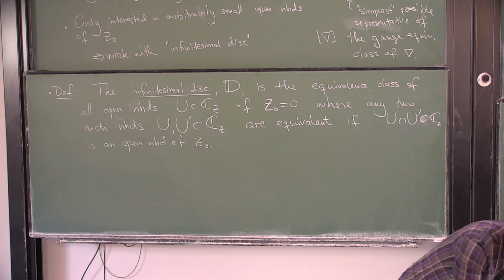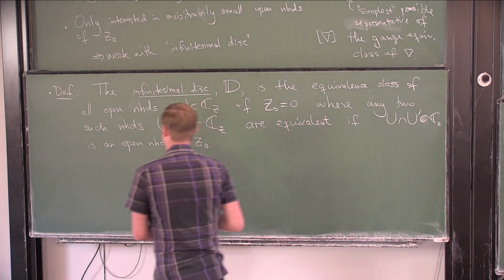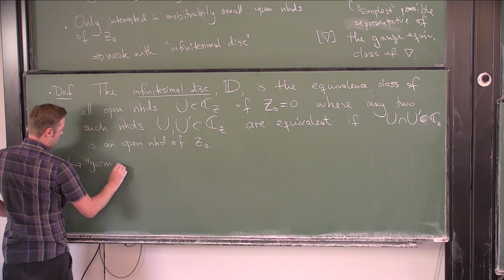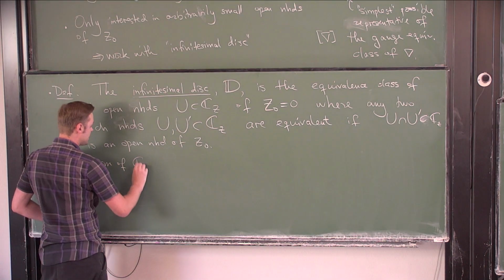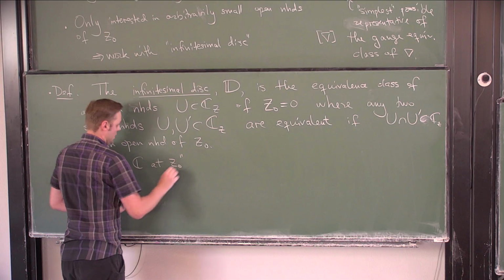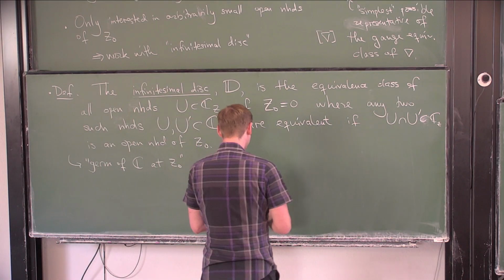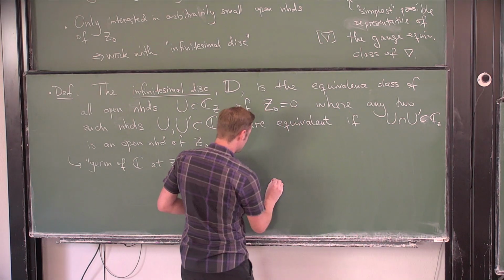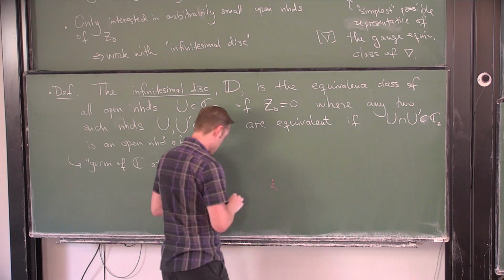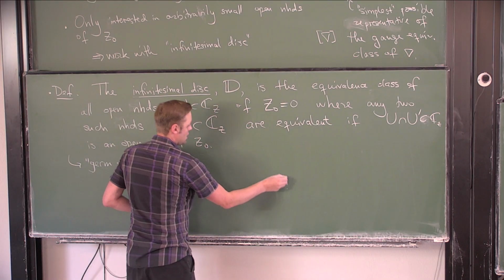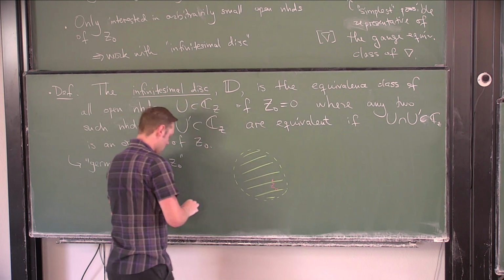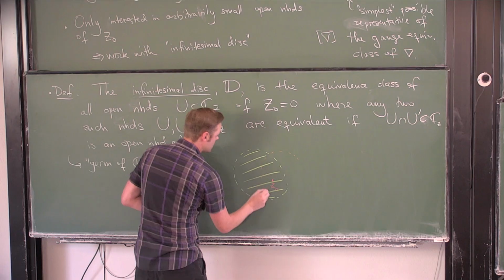But the way you should think of this concept, sometimes people call this a germ of an open neighborhood, or germ of C at Z naught. You should think of it as, here is my point Z naught, and here are all of these neighborhoods of Z naught.